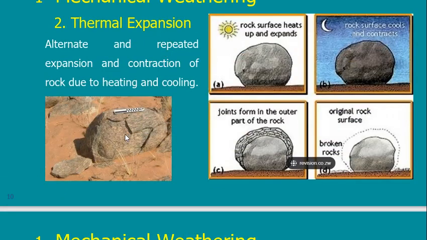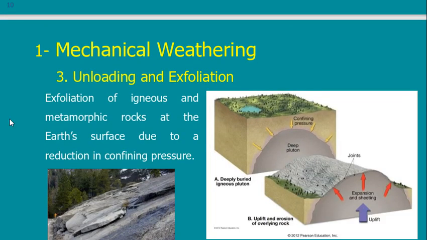This is the shape in normal life, and this is an explanation for that. The third type is called unloading and exfoliation. Imagine that I have this. You remember when we were studying plate tectonics, we said that magma is stored inside.